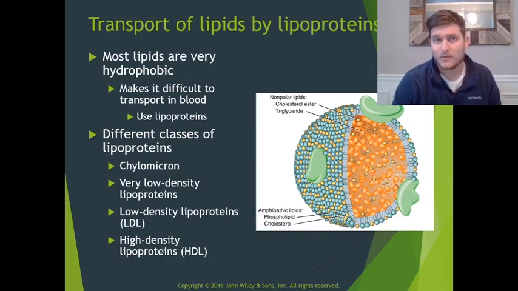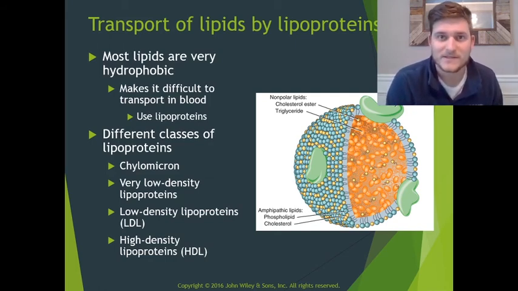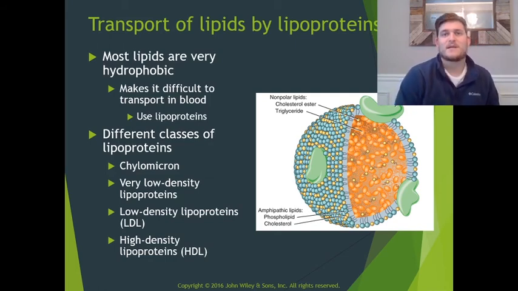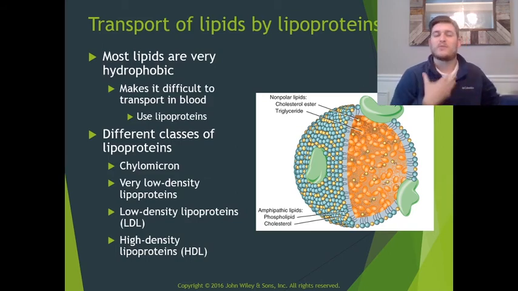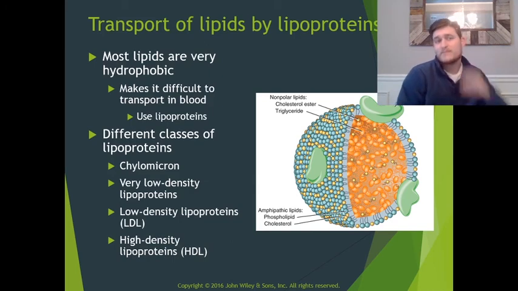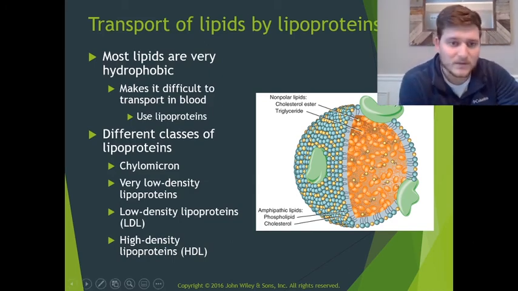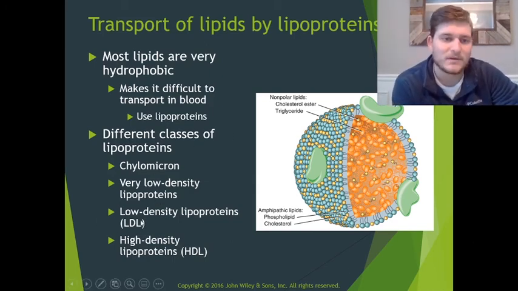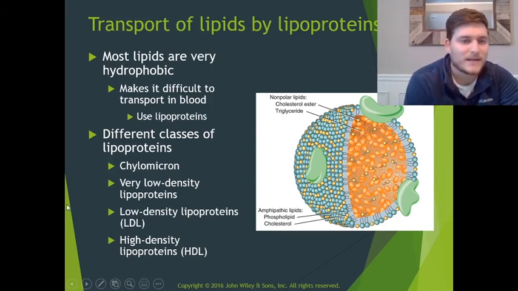Before we end, I want to discuss lipoproteins because they have impacts as far as our health is concerned. And these lipoproteins are how we transport certain lipids such as cholesterol throughout the bloodstream. And you've probably heard of LDL, low density lipoproteins, and HDL, high-density lipoproteins.